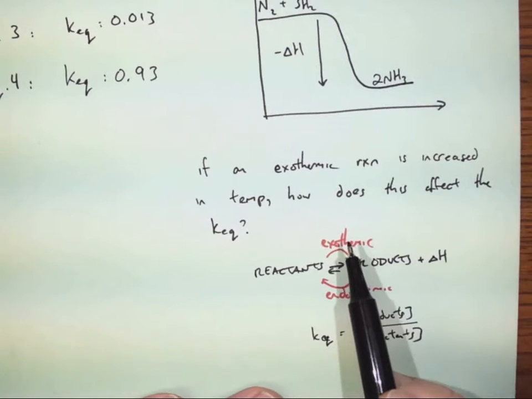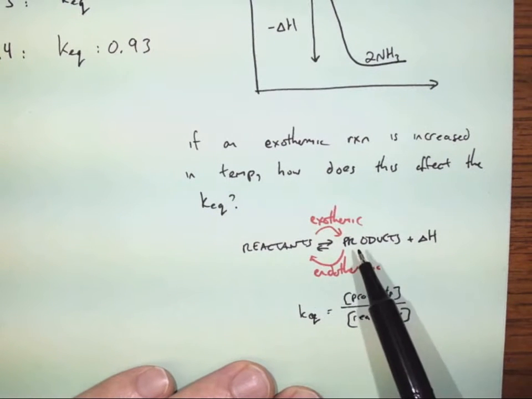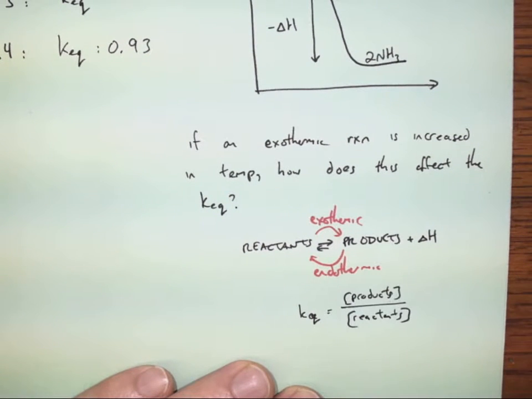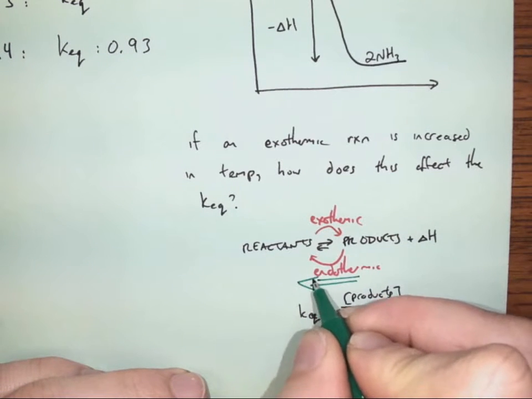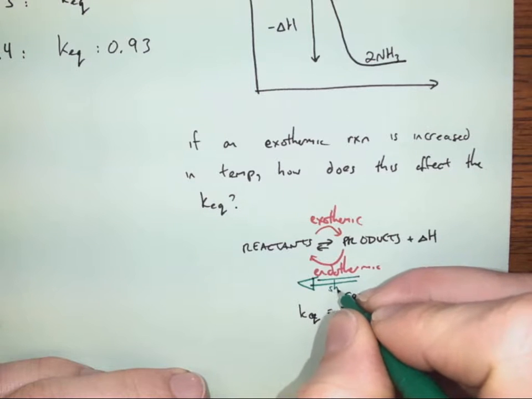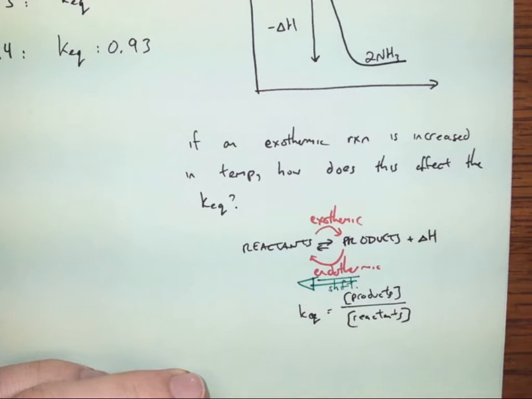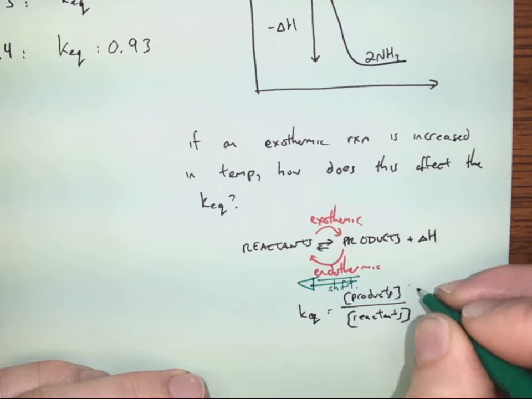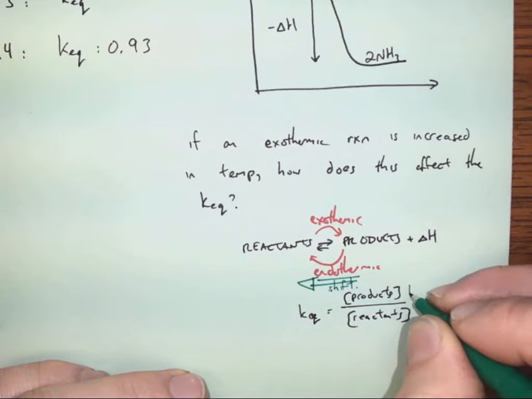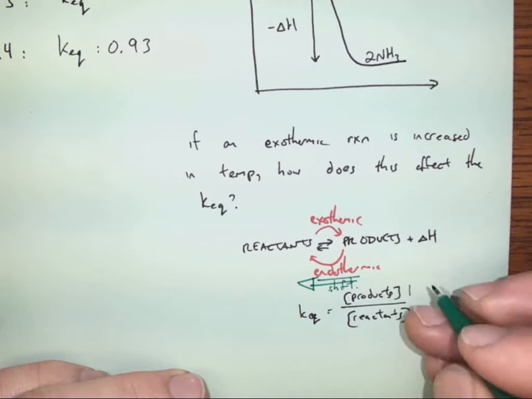So if we increase the temperature, well, what happens? Le Chatelier's principle says this wants to undo that increase, which means shift equilibrium to the reactants as a result. And that means it's going to decrease the concentration of the products, right?